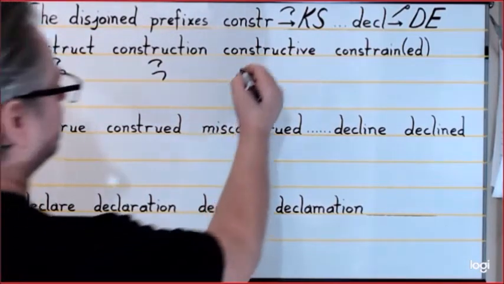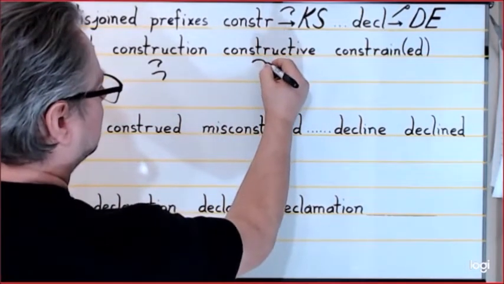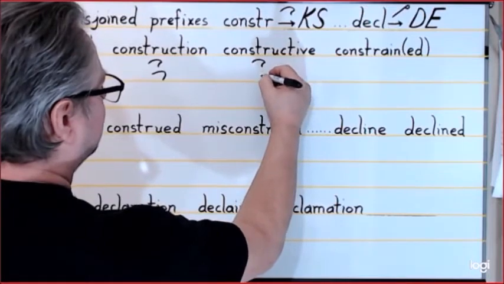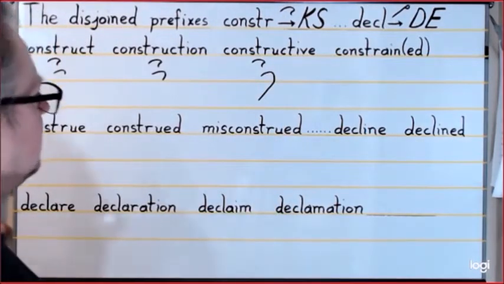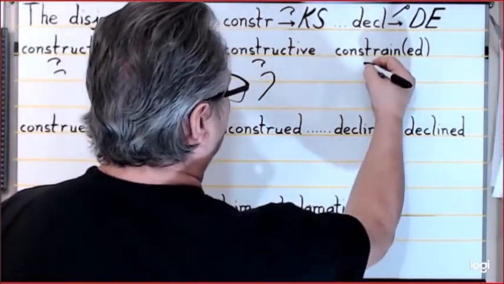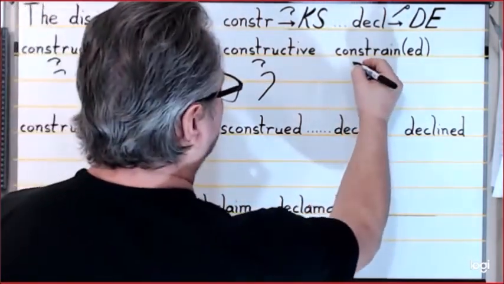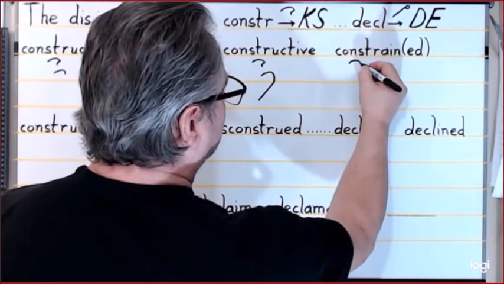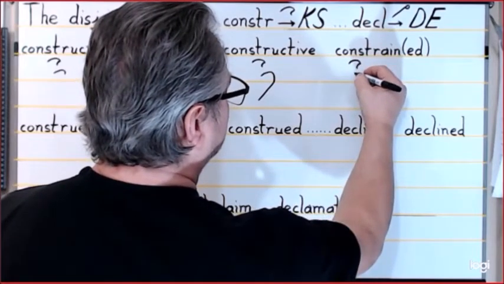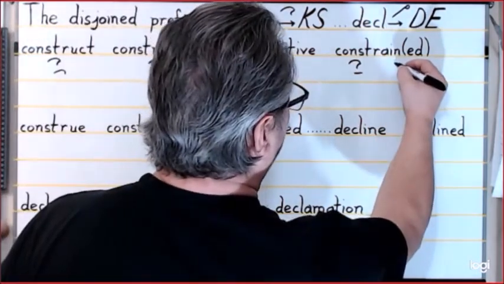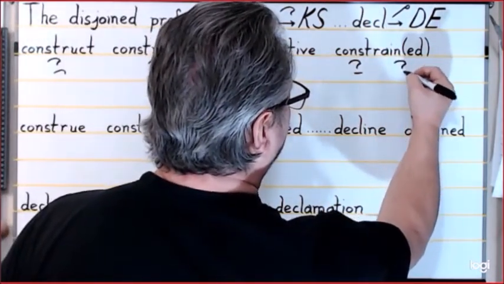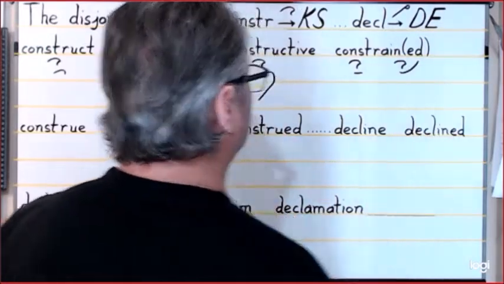For constructive is a K, S, and then a K and a V. Constrain first is K, S, and then an N. For constrained, it is K, S, and then an NT stroke.